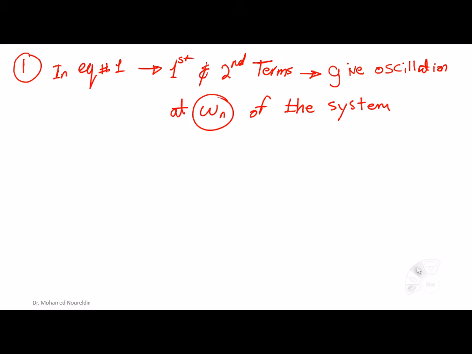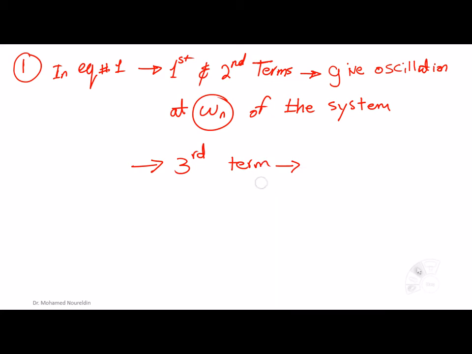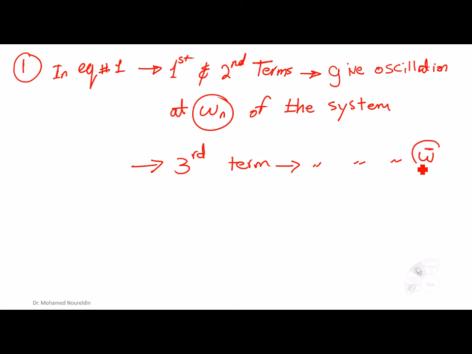However, the third term gives oscillation not at omega n but at omega bar, which belongs not to the system but to the excitation.